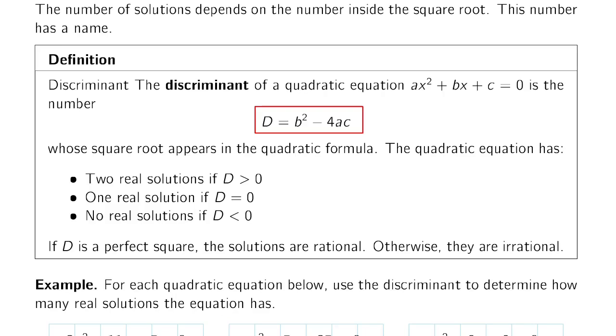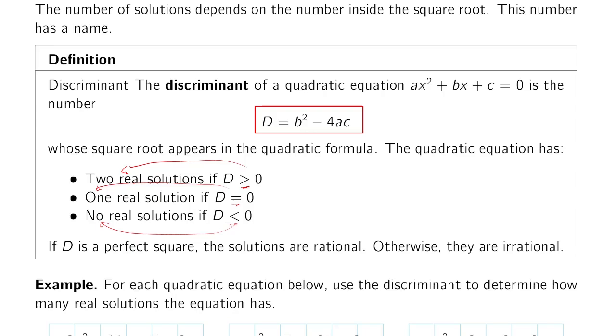If the discriminant is positive, we have two solutions, because then we have plus or minus that square root. If the discriminant is exactly 0, we'll have one solution, because then we'll be taking plus or minus 0. And if the discriminant is a negative number, then there's no real solution, because we're trying to take a square root of something negative.